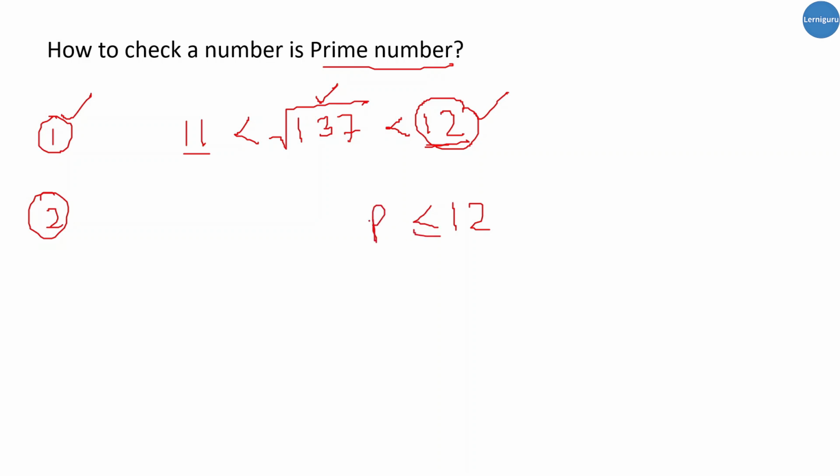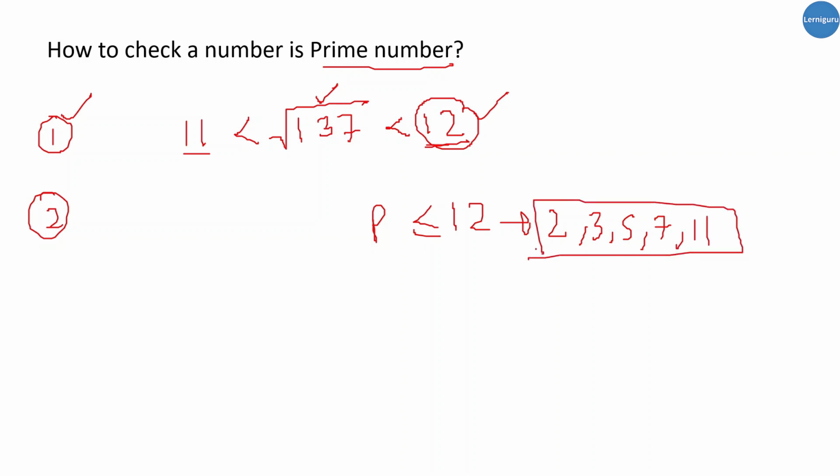Below 12 or the number itself. Suppose this number was 17, so we'll include 17 also, because that is a prime number. So those prime numbers will be 2, 3, 5, 7, and 11. These are the prime numbers. Now, third step, you need to check if 137 is divisible by any of these prime numbers.